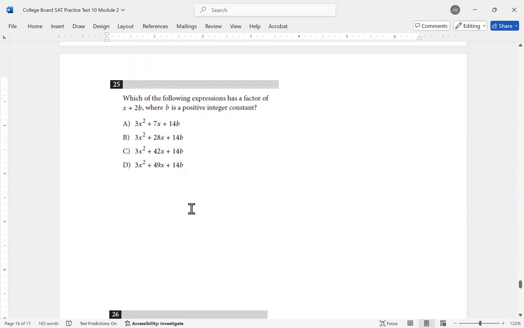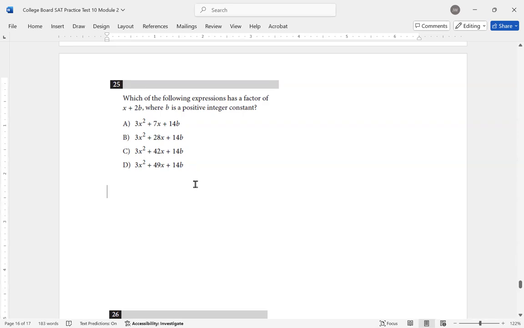Question 25. Which of the following expressions has a factor of x plus 2b, where b is a positive integer constant? So what we're going to do is think of factoring each of these things.